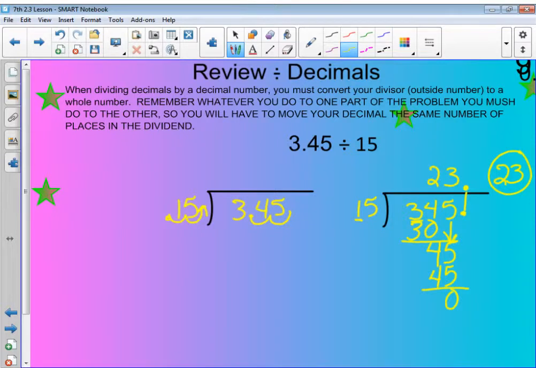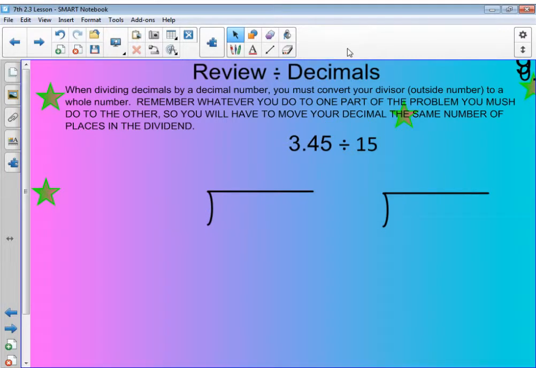Okay, so I'm going to go ahead and pull one out here and I want you guys to go ahead, set it up and do the division on it. Okay, so we have 8 divided by 2.2. So you can go ahead and pause your video and set up your problem, work your way through it, making sure that you're showing your work, and then you can start the video back up and check your answer.